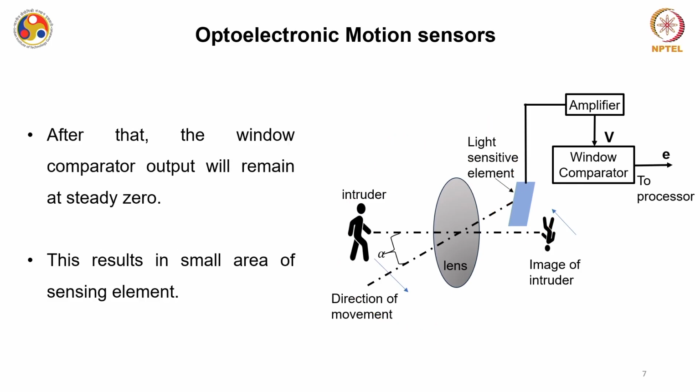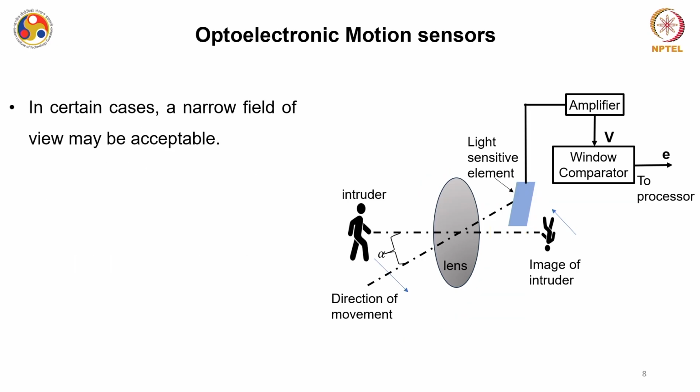After that, the window comparator output will always remain 0. That is why we say that the area it is covering is very small. Even if you have a very nicely placed sensing area with the lens system and comparator systems, the area that you will be able to cover is very small.